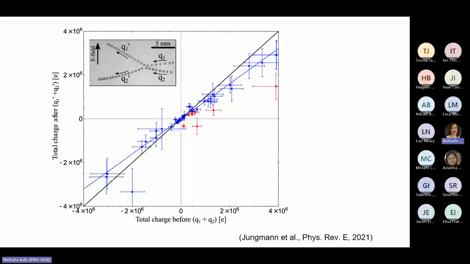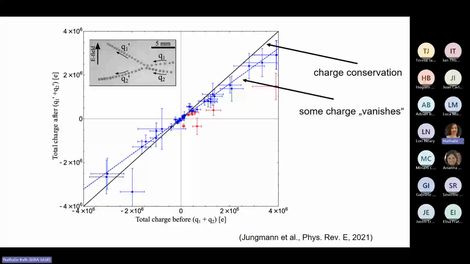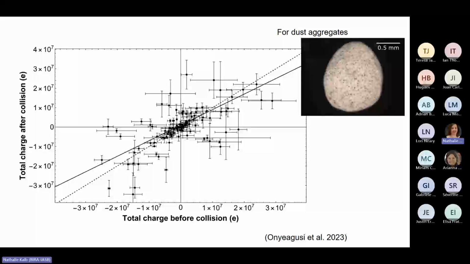For example, if we analyze the collisions in a drop tower, where you have a total charge before and after a collision, it's not conserved. That would be the black line, but it's losing charge. So obviously, tribocharging is not only about the grain surfaces, but you can eject some of the charges into your surroundings. And I think that might also be important for atmospheres.